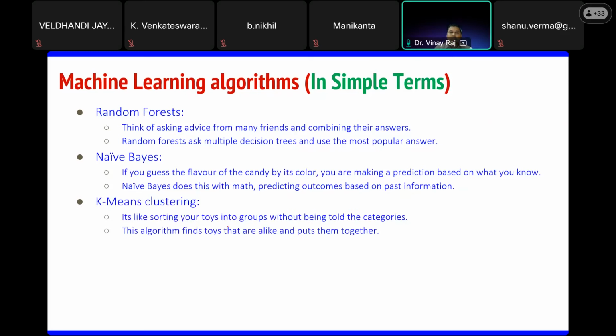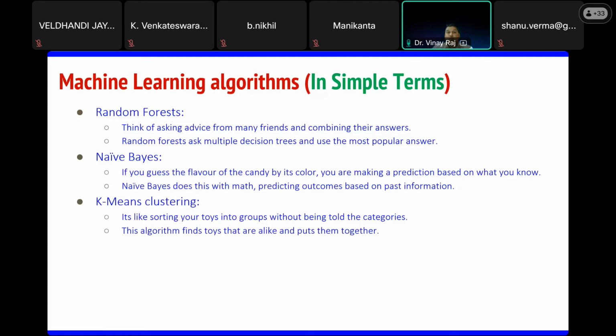Next one is k-means clustering. It is as simple as sorting. Clustering means grouping similar elements. It's like sorting your toys into groups without being told the categories. You have a lot of toys in a basket.